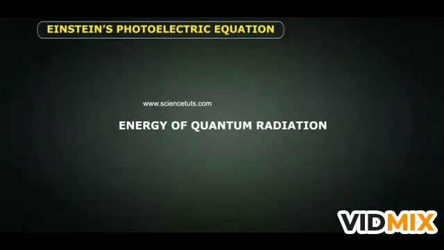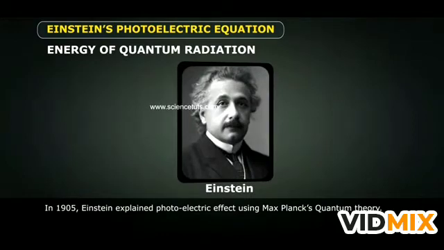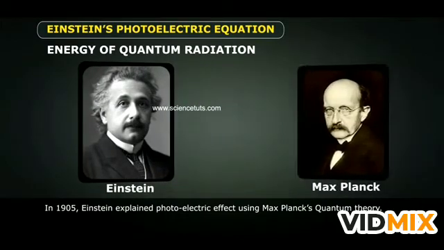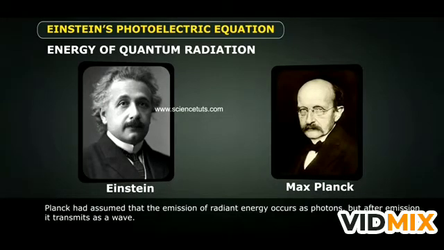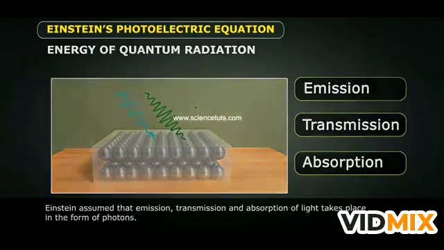Einstein's photoelectric equation, energy of a quantum of radiation. In 1905, Einstein explained the photoelectric effect using Max Planck's quantum theory. Planck had assumed that the emission of radiant energy occurs as photons, but after emission it transmits as a wave. Einstein assumed that emission, transmission, and absorption of light take place in the form of photons.